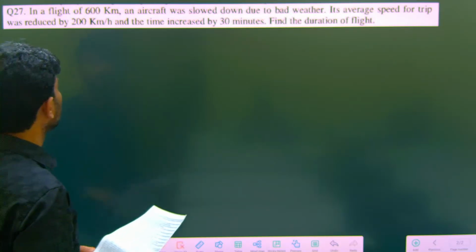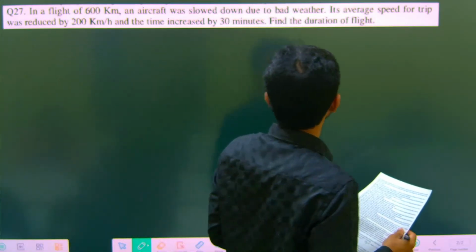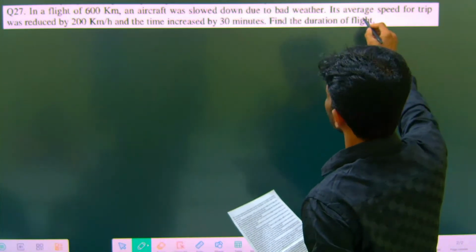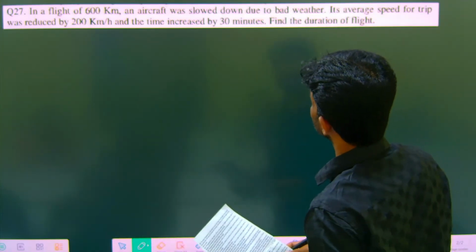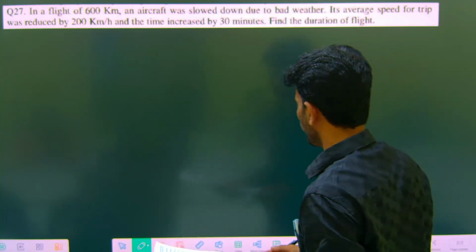A flight of 600 kilometers, the aircraft was slowed down due to bad weather. Its average speed per trip was reduced by 200 kilometers per hour, and the time is increased by 30 minutes. Find the duration of flight.